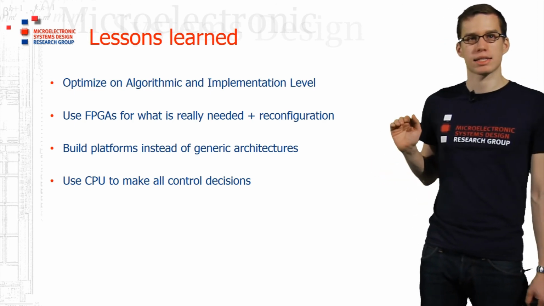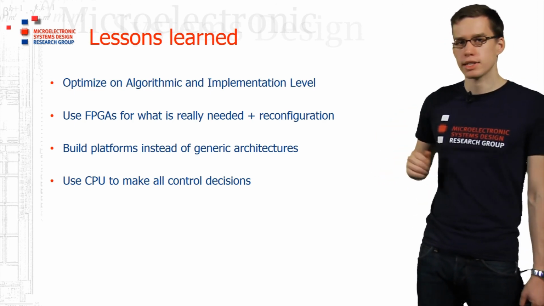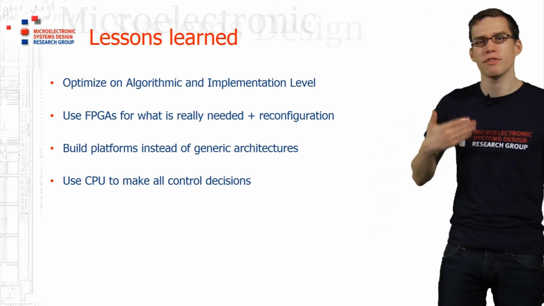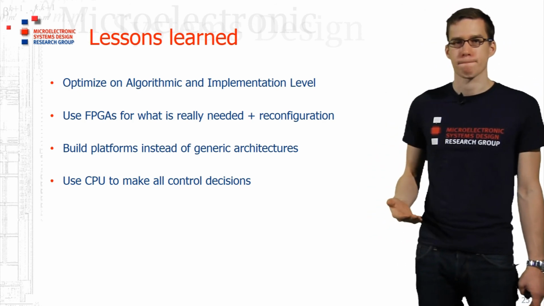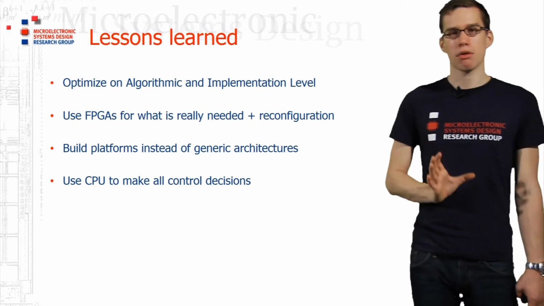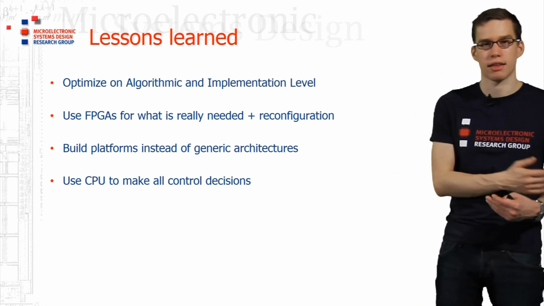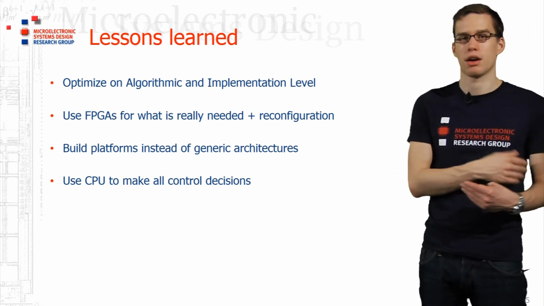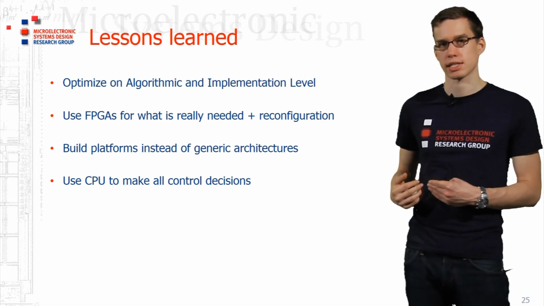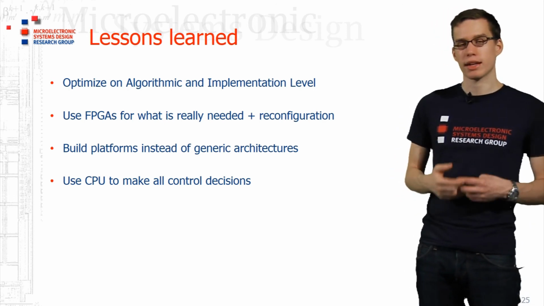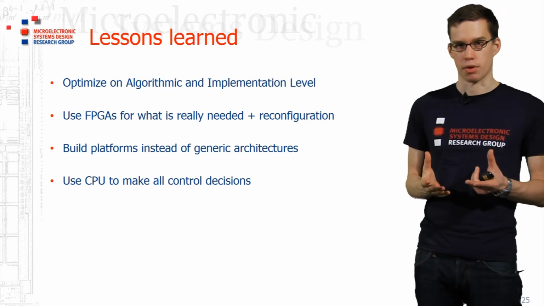The next one is really to use the FPGA only for what's really needed. So the big power of the FPGA over ASICs and other non-reconfigurable devices is that we can change the configuration during runtime.